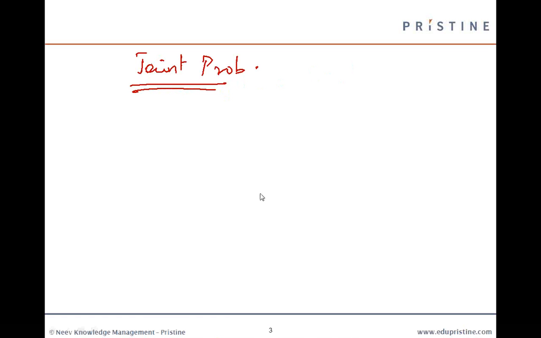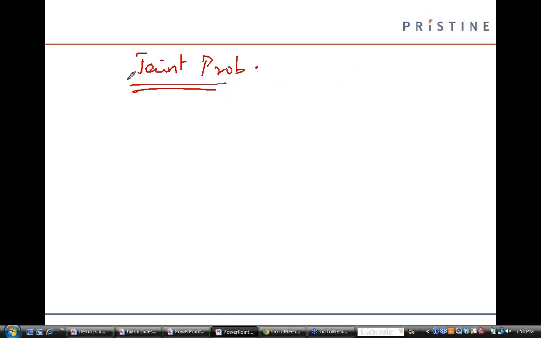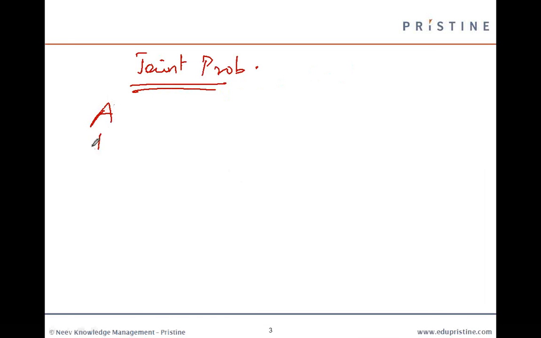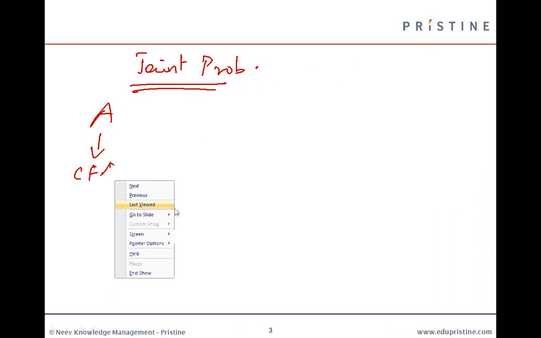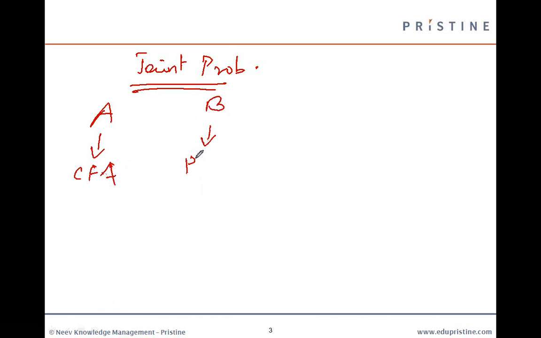Let me take a different example. Let's say there is one random event A, that you will pass the CFA exam or not. That is your results of CFA exam. Another random event is B, which is you getting promotion in your present job. Are both of these random?